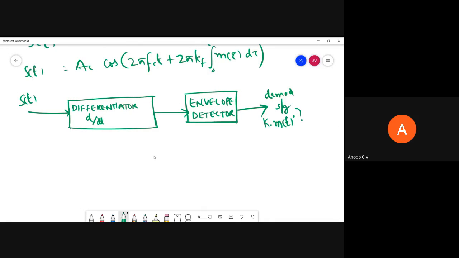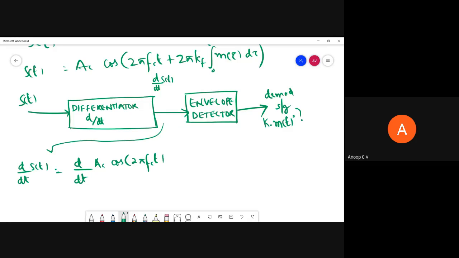So here we'll get d by dt of s of t. We'll find out what the output is, that is d by dt of s of t, equal to d by dt of AC cos 2 pi fct plus 2 pi kf integral 0 to t m of tau d tau.